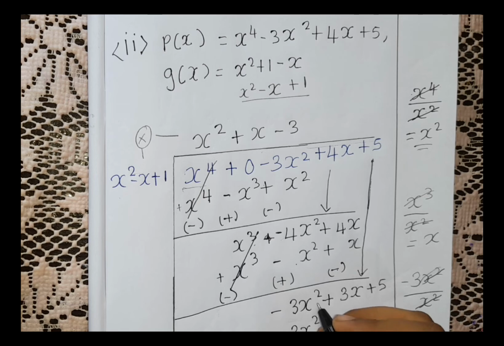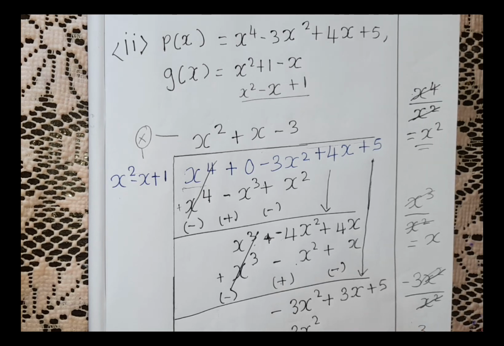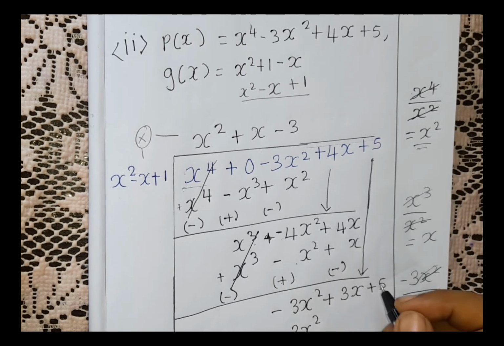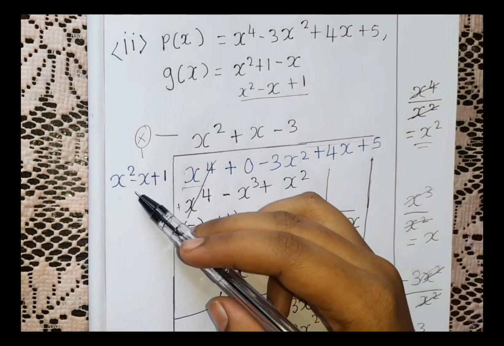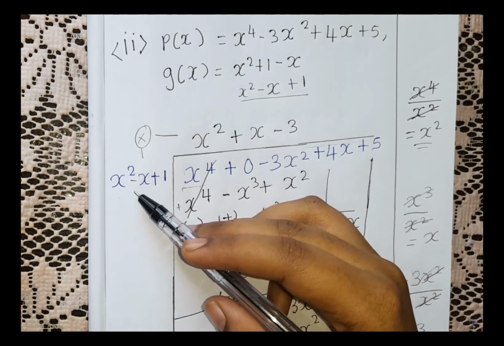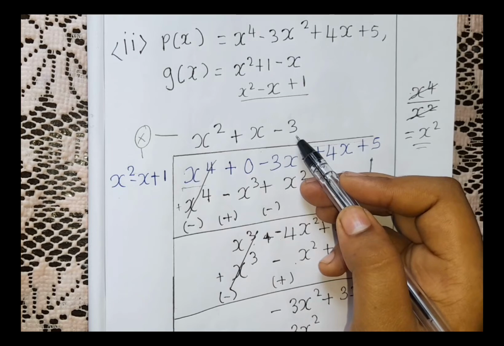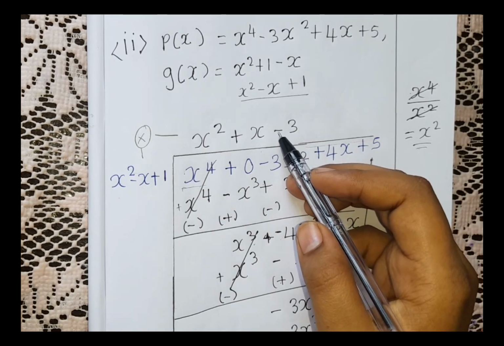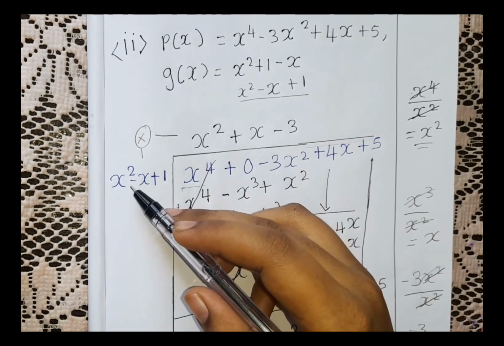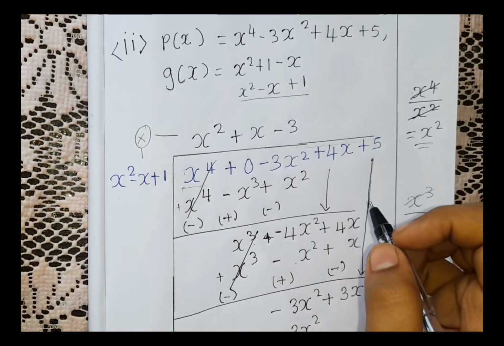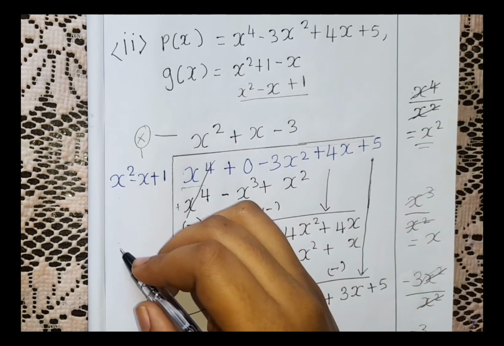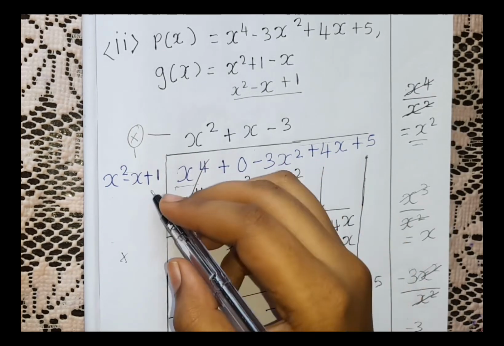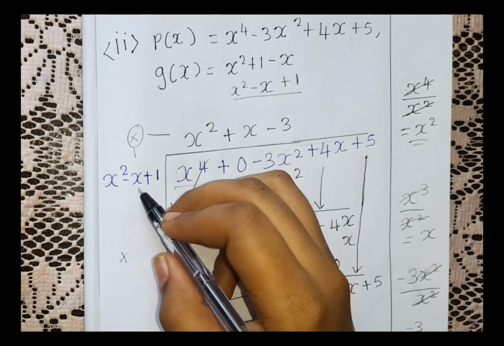So I wrote it directly down right over here, that is x square, and then we are supposed to do the next term, that is minus x. So minus x into minus 3 is, first we shall do the signs. The sign is minus, and here also minus, so minus into minus is plus. Remember that plus, we got plus, and then 3 into x is 3x.